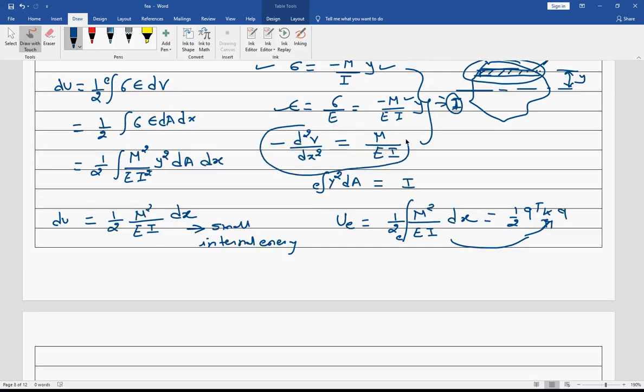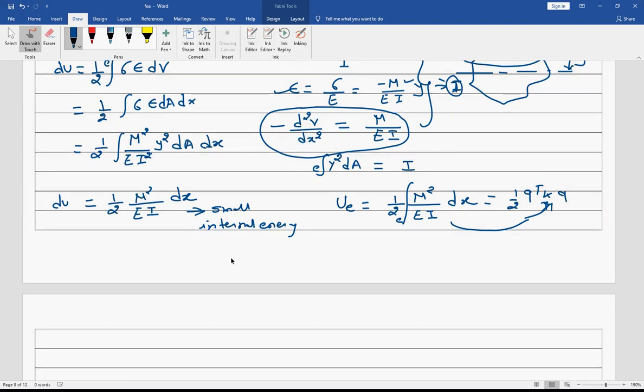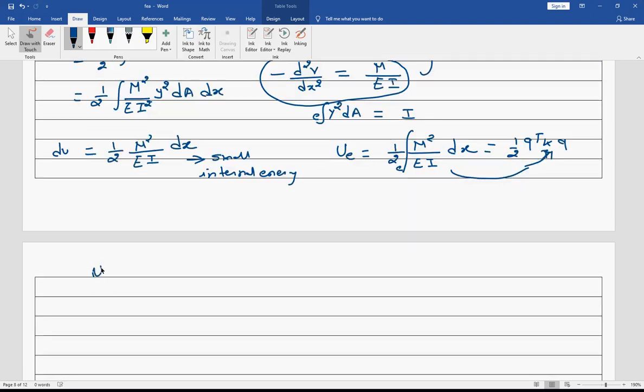this formulation, okay, so I can replace m upon EI with this. So I just rewrite it again. So my UE will be equal to, so I square both the terms and write EI as a common factor.